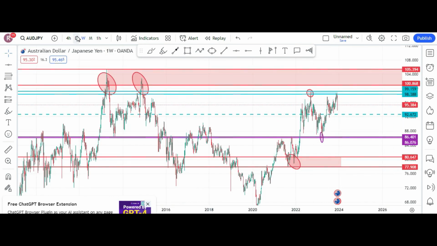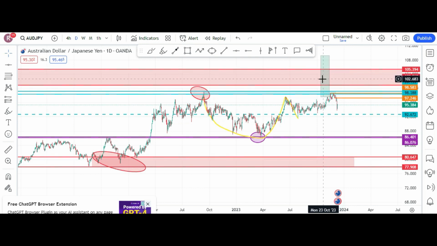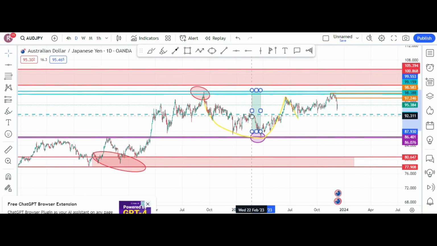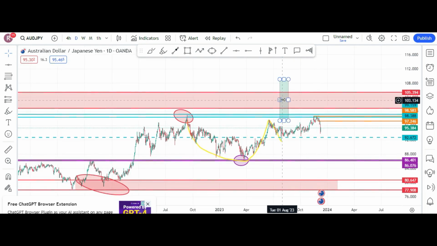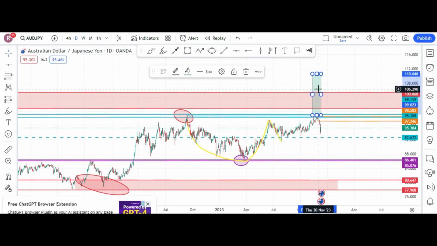This cup has failed to perform, and that's why I measured that if it could have broken this weekly resistance on the top side, then it could have reached this level, which is 50% and will again emerge as a monthly double top later on.